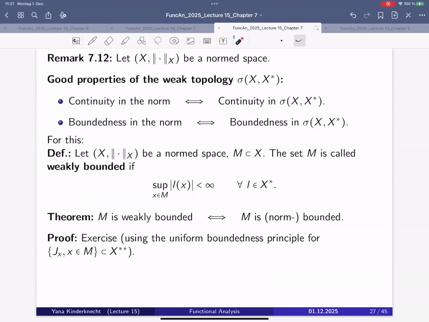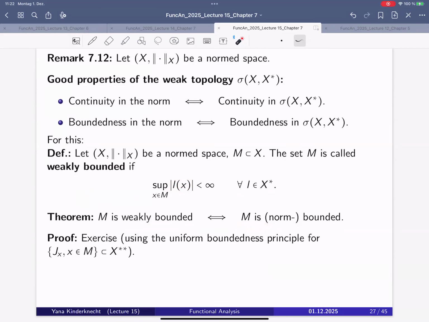Instead of having the norm of x, which would be bounded in the norm, now we have this. Okay? So the theorem: M is weakly bounded if and only if M is norm bounded.